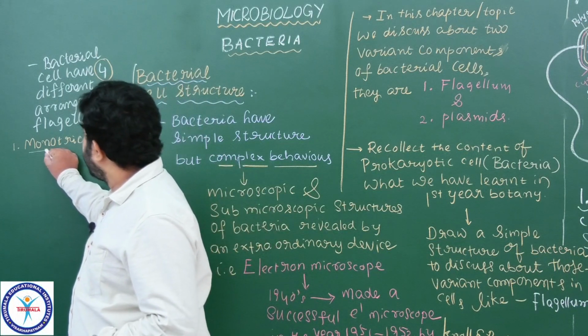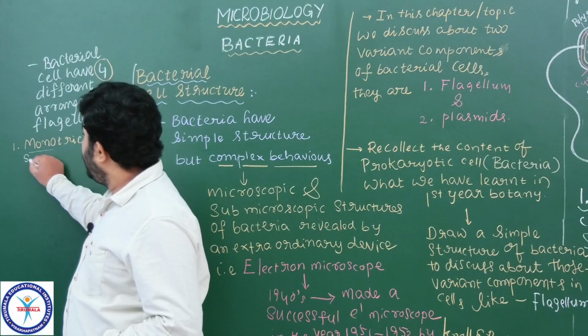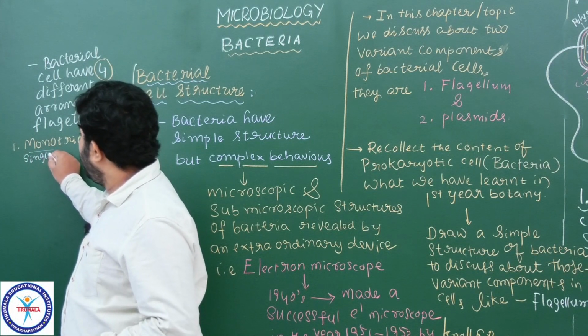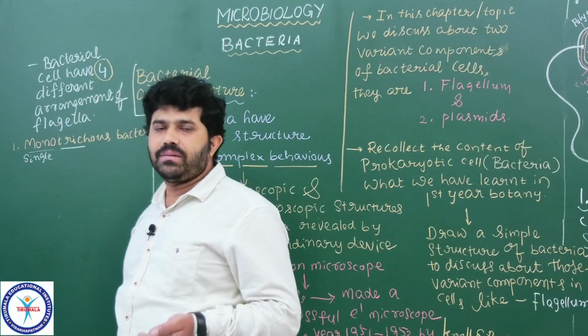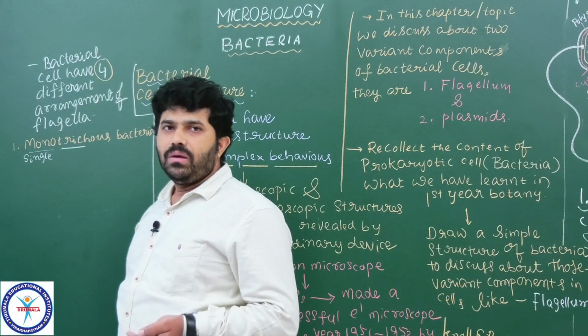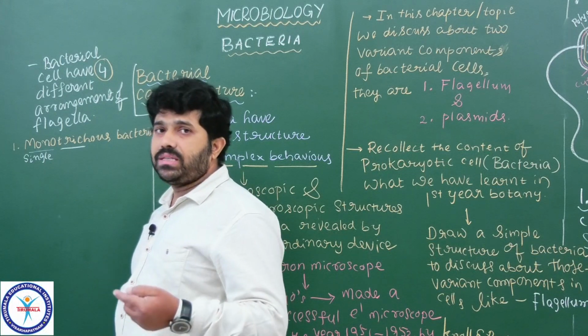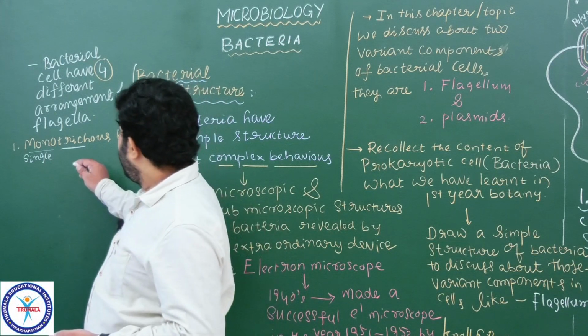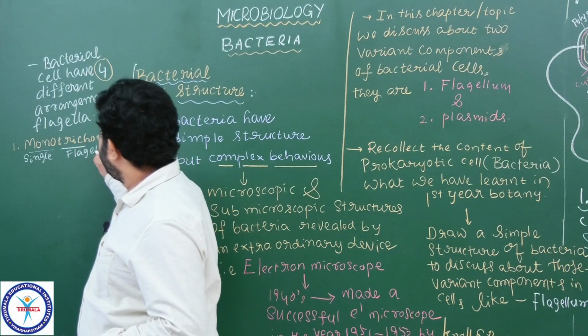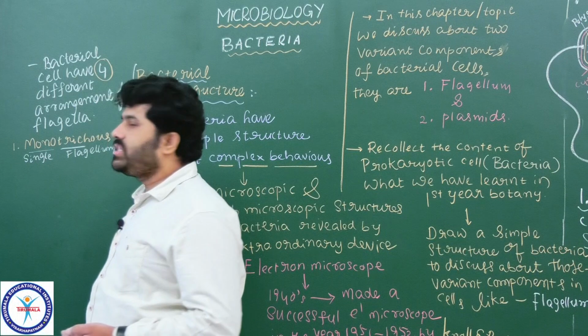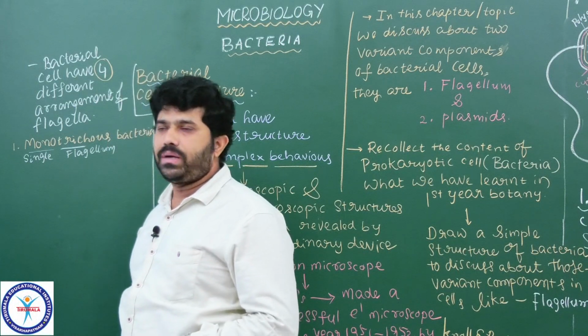Trichous refers to trichome, a cylindrical, hair-like, wave-like, thread-like structure that comes out of the cell. That is what we call flagellum. We generally call it trichome, trichus.